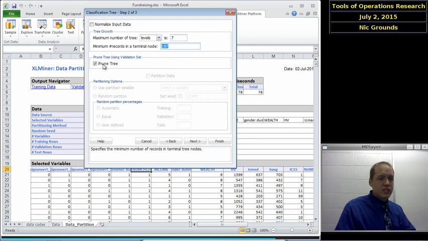And then finally, you can tell it to prune the tree. That is, it might find that there's ways to split the data that does better on the training set, but actually starts to do worse on the validation set. So in that case, it might want to actually prune back and remove splits or remove nodes out of the tree and do fewer splitting patterns. Okay, so that's just that option there.